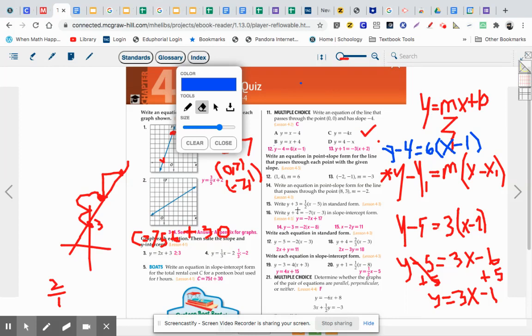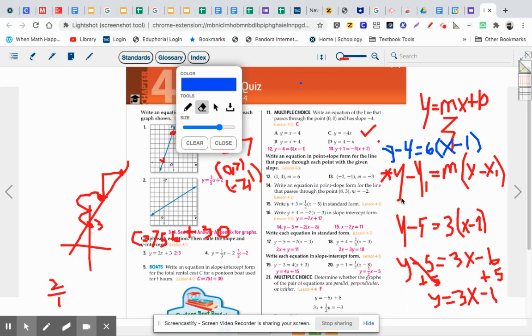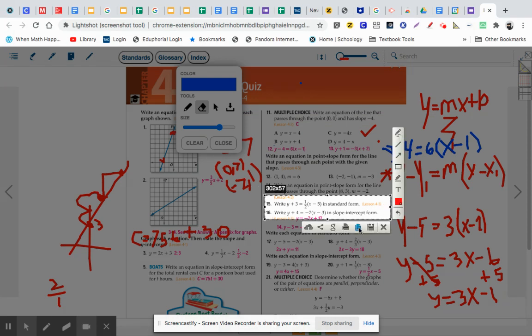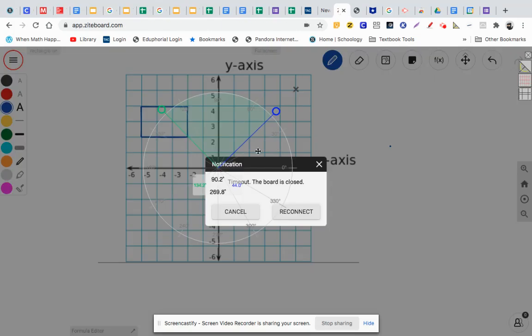Okay, I do want to talk about this piece where it says write this equation in standard form. So I think this is important. So what I want to do is take a snapshot of this, and I am going to go to Ziteboard so you can see me work this, because I think this is worth me taking some time out to do for my virtual group.